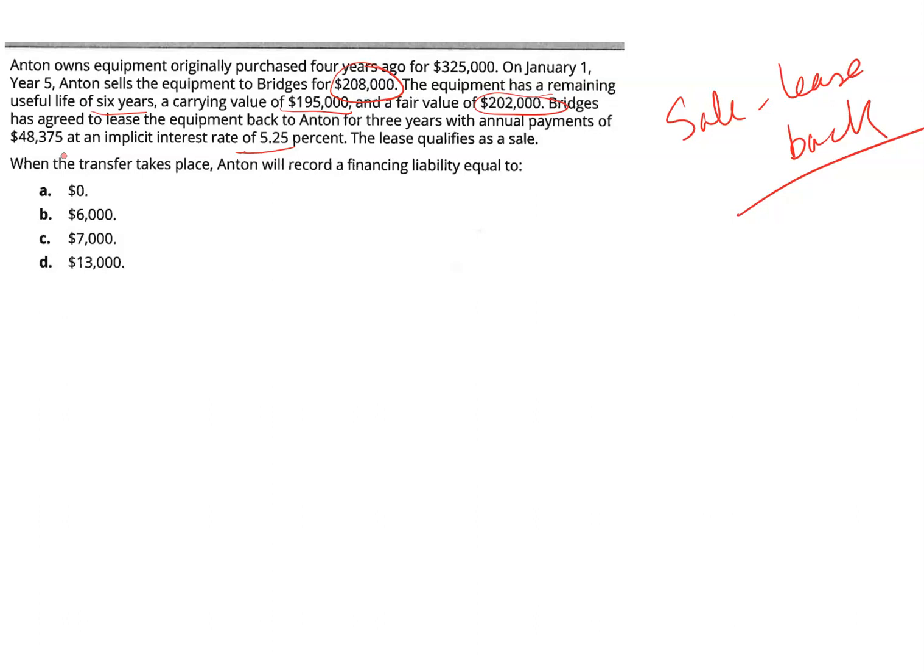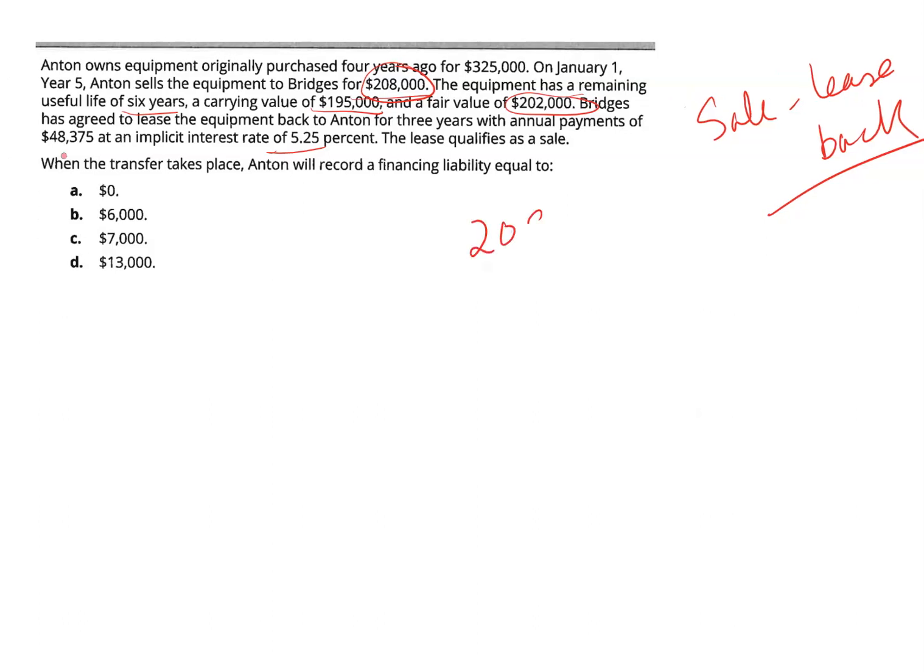If the sales criteria are not met, it will be recorded as a financing liability. Now you remember, to meet one of the criteria, the sales price should be equal to the fair value of that asset at that time. Now you see here the sales price is 208,000, and the fair value at that time is 202,000.